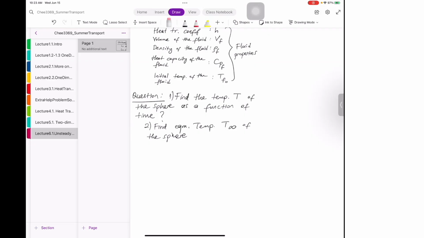And 3, under what circumstance does T not change with respect to the position along the sphere, or within the sphere. Okay, so we're going to actually check when our assumption is valid.